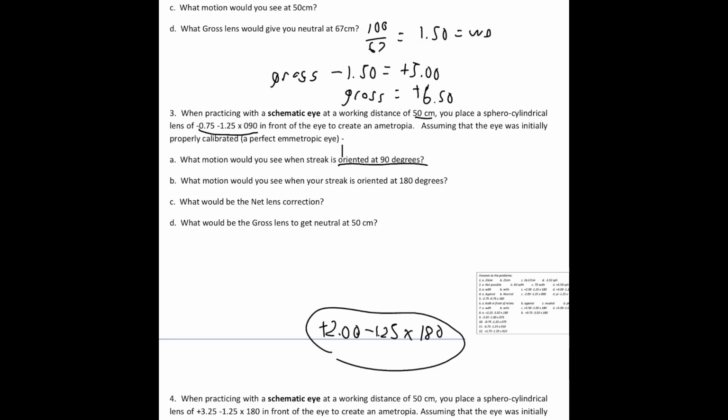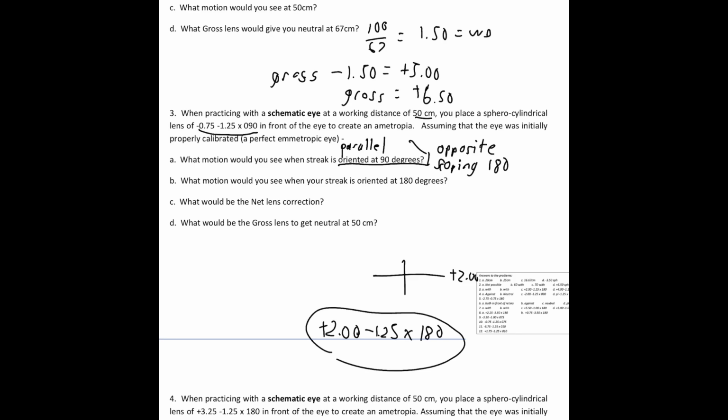If it ever says oriented or parallel to a certain meridian, you are scoping the opposite. So what it's actually saying is, what motion would you see when you are scoping axis 180? Okay? So I'll just redraw the optical cross.